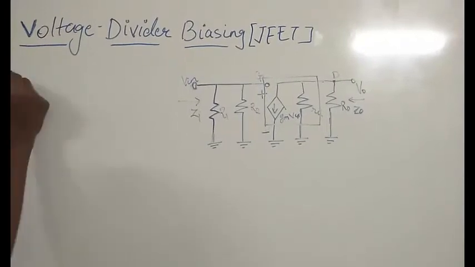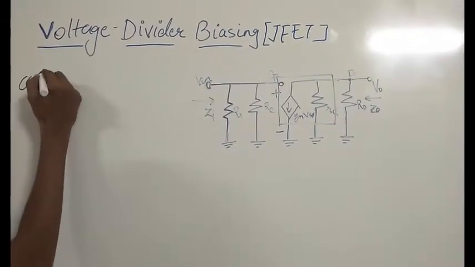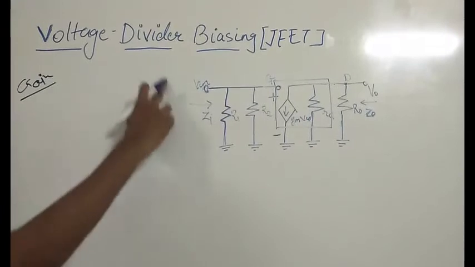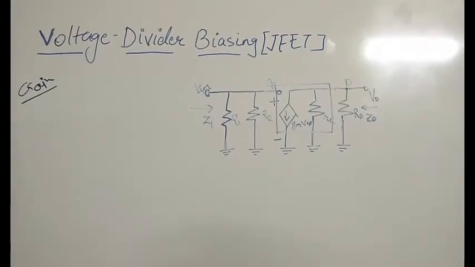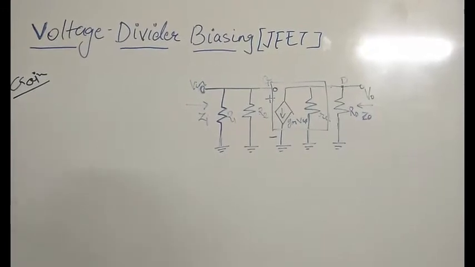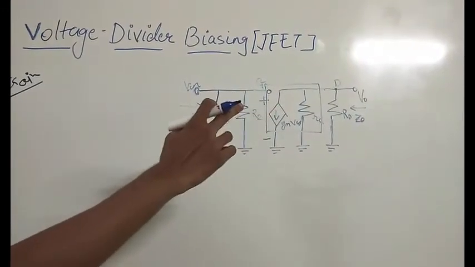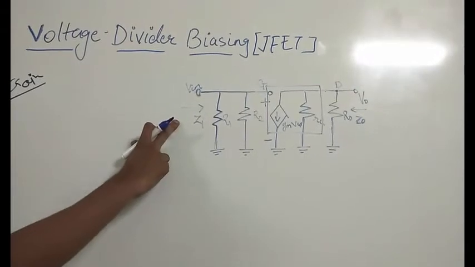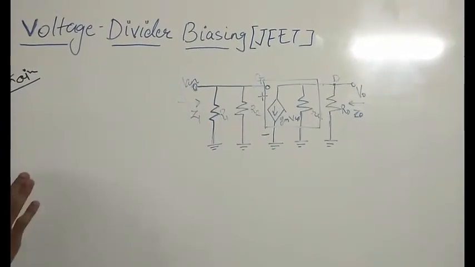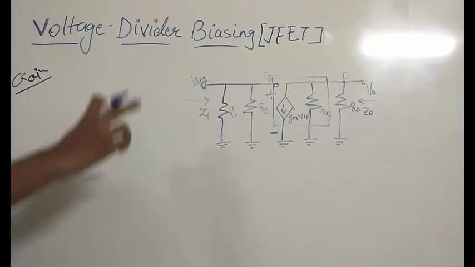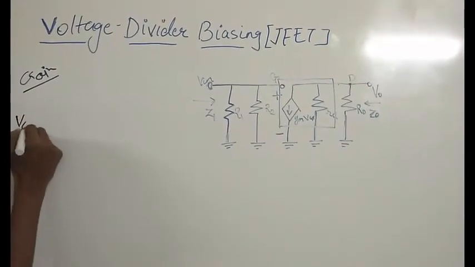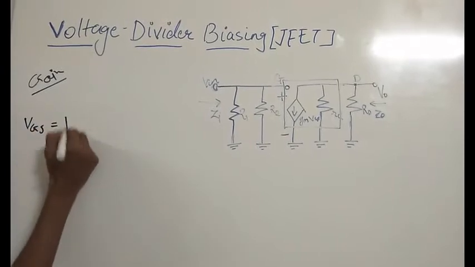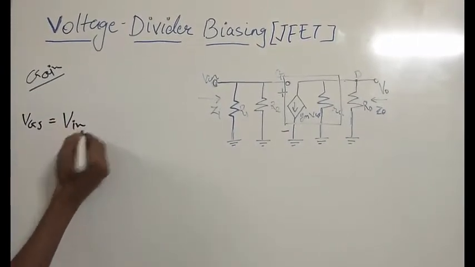Let's find out the gain for this JFET configuration. Gain is the ratio of the output to the input. So by taking the AC equivalent circuit, we get that VGS is equal to V input.